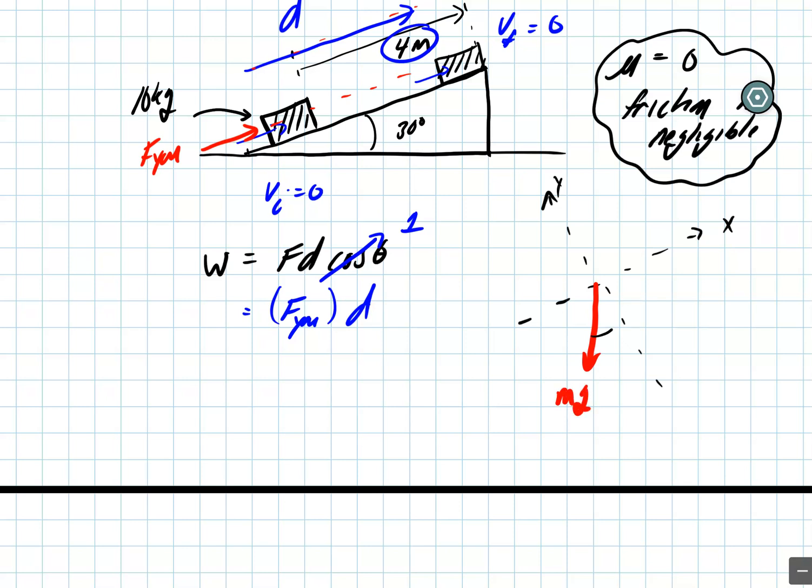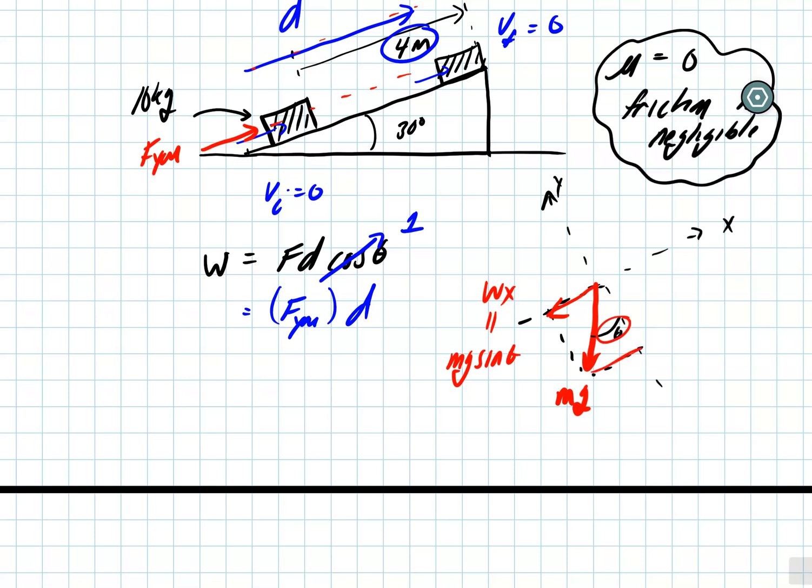And there's our angle between them. If we draw a box, the component of gravity down the ramp is going to be Wx. And it turns out that Wx is going to equal mg sine of the ramp angle.